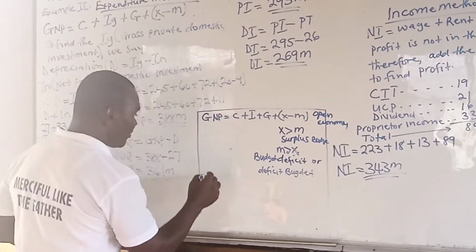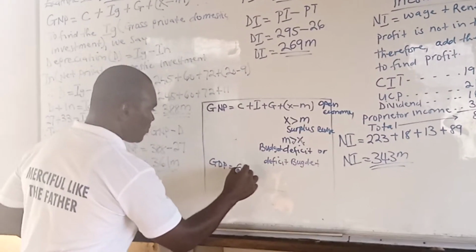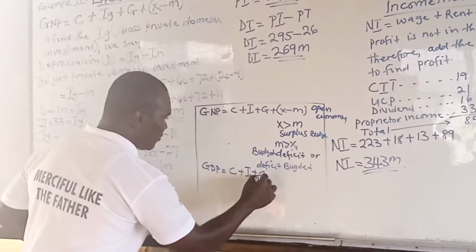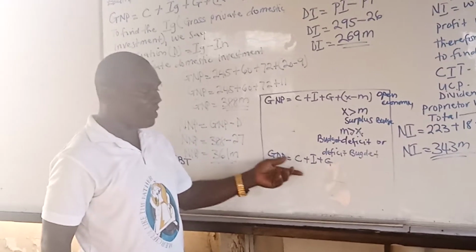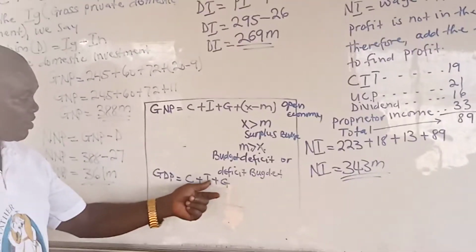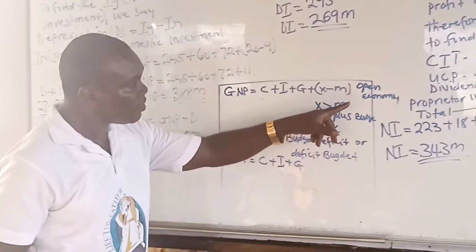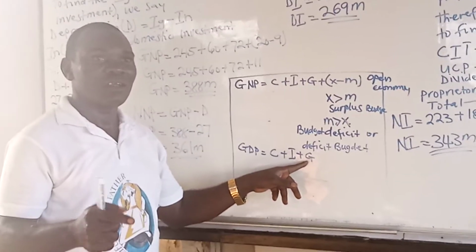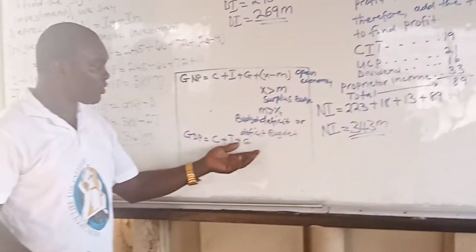And for the closed economy, GDP should be equal to C plus I plus G. Within the closed economy, we talk about gross domestic product, which is consumption plus investment plus government spending. We are not even talking about exports and imports within the closed economy.